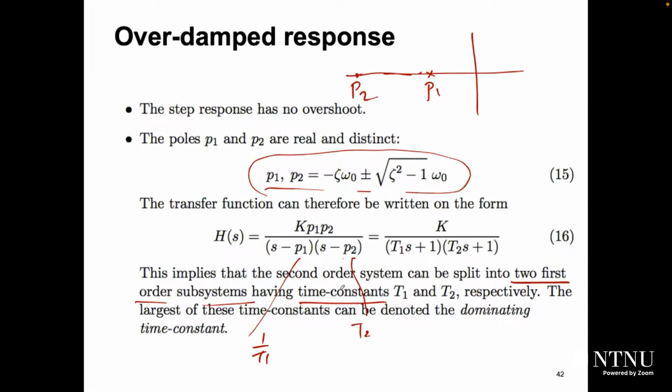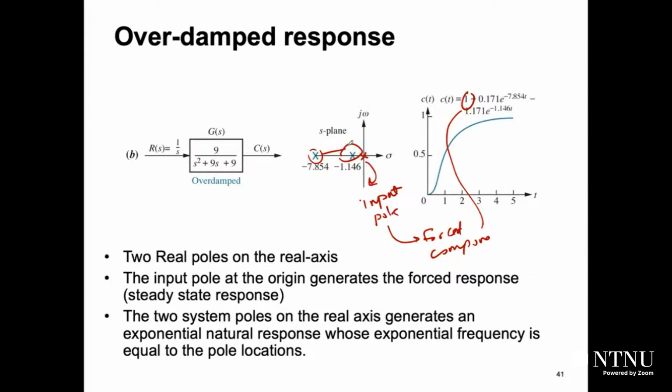So you have P1 and P2, right? We will call this one P1, this one P2. This one will generate a time constant T1 equal 1 divided by P1. This one will generate a time constant T2 equal 1 divided by P2. P2 here is the largest. So in fact T1 will be larger than T2, correct?